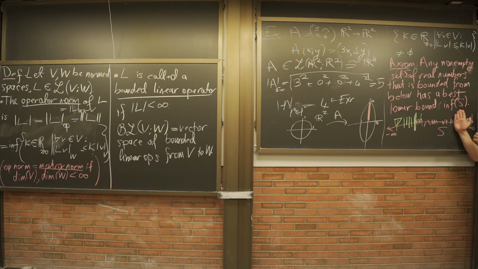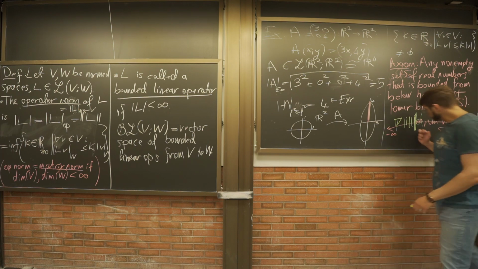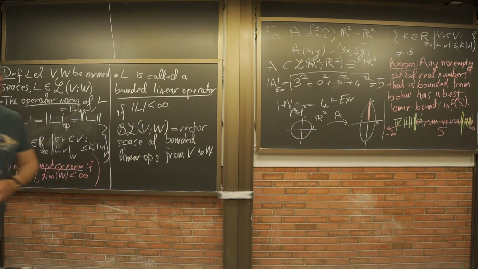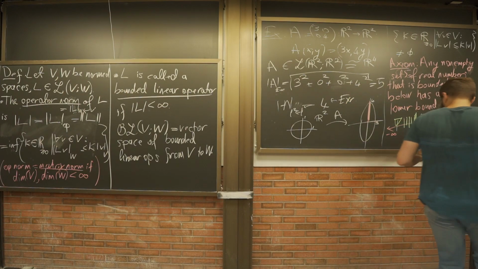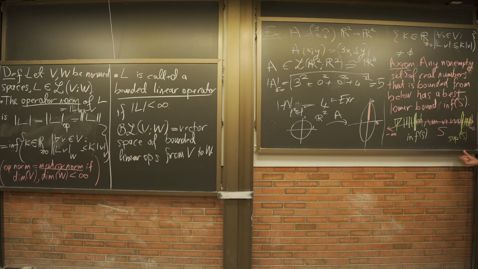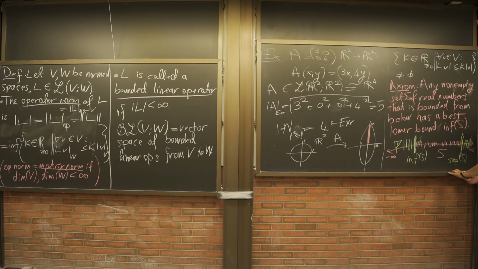The moment you start pushing any further, you're going to start missing some of the points in S. So this is the inf, the other one is the sup. Does this make sense? This is an intuitive way of thinking about it.